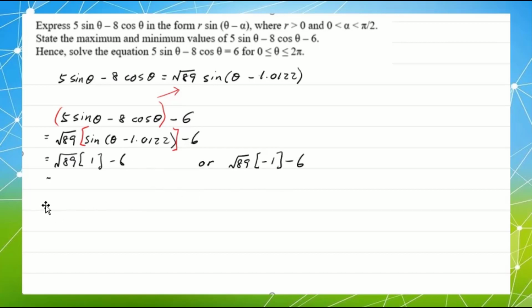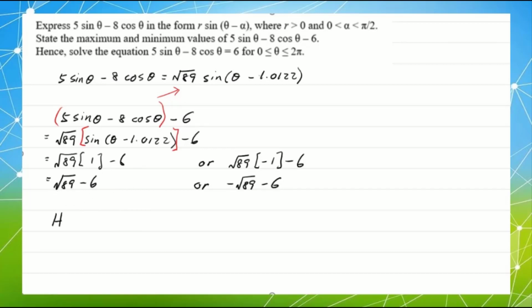Then first we simplify the value. So the first possible value is square root of 89 minus 6. The second possible value is negative square root of 89 minus 6. Then when we compare these two values, we find that the first is greater than the second.